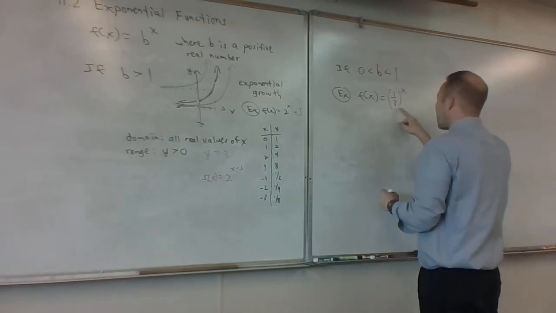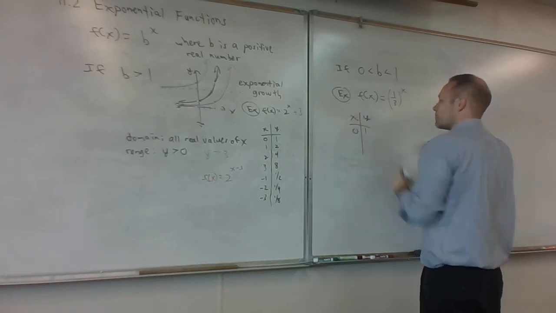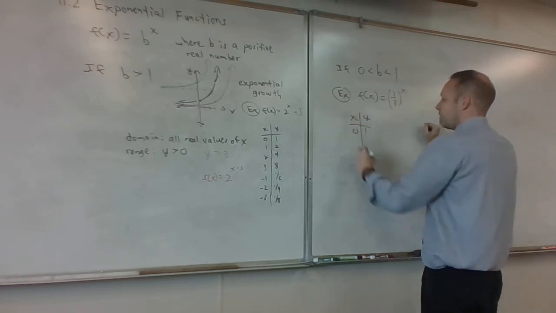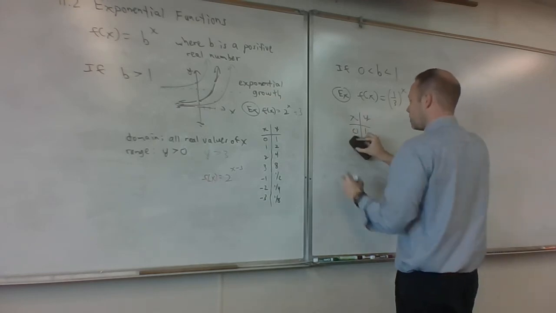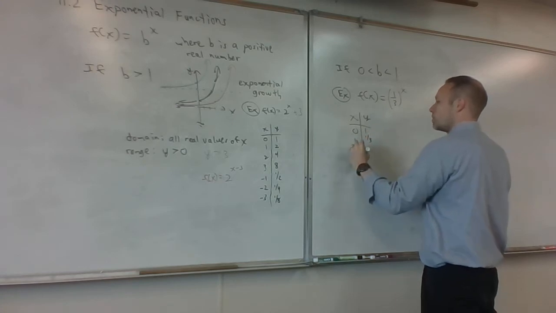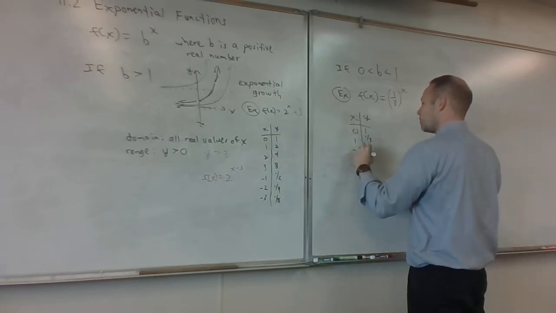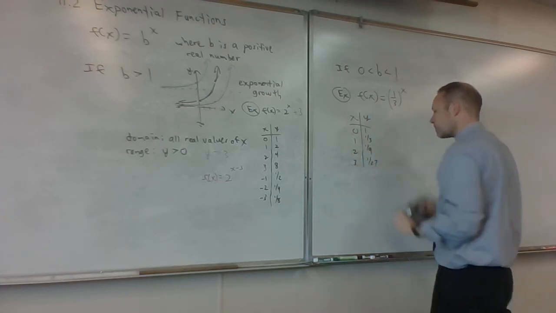Well, what happens now is as our x values get bigger, we're going to start at 0, 1. 1/3 to the first is 1/3. 1/3 squared is 1/9. 1/3 cubed is 1/27.